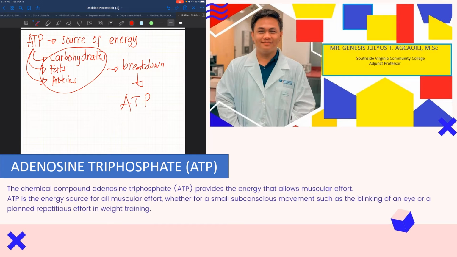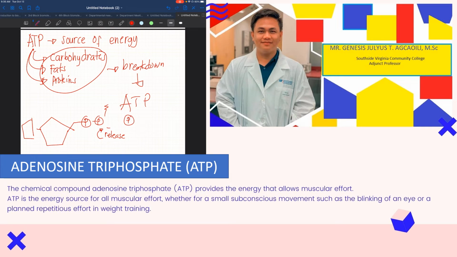Okay, so how this one will work, let's say you are working or you are moving. Let me just draw a molecule of ATP here. So every time you are working, what happens with the ATP molecule is that it removes one phosphate. Whenever you release a phosphate, this phosphate now will be gone. So there will only be two.